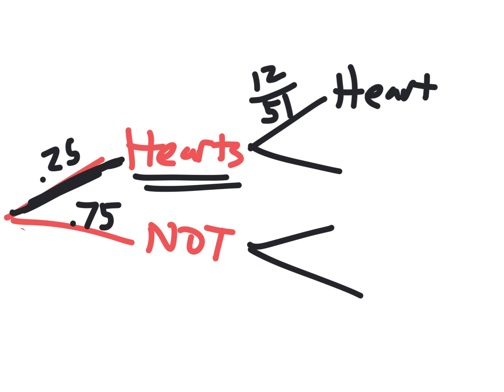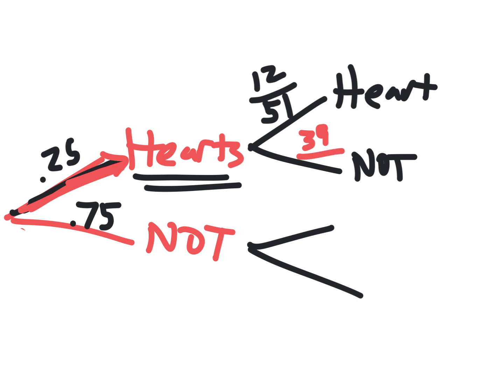There's 51. Get how I did that? And for the not heart, if I went this way, the first card was a heart. So there's still only 12. No, wait. I want not hearts. What is that? 30-something. Anybody got it? 39. 39, very good. There are 39 not hearts in the deck.